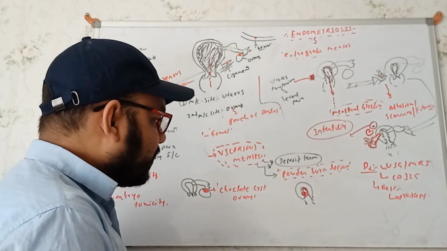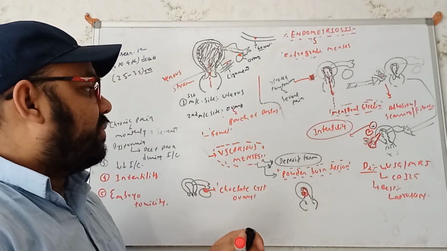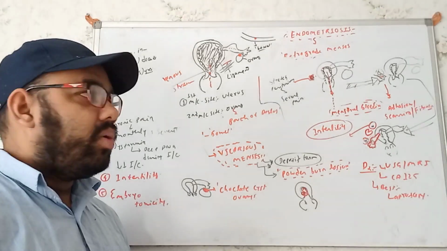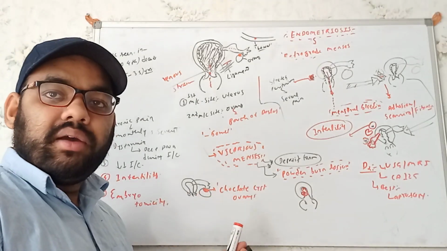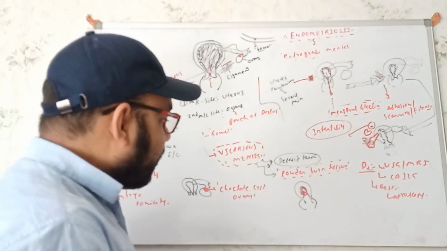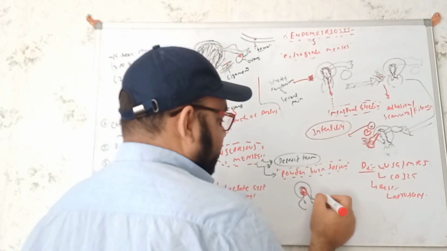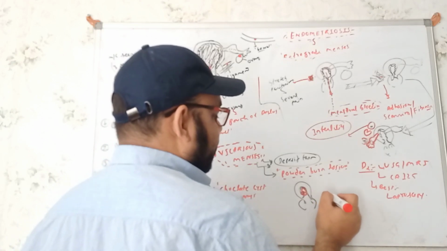But the problem is, as we discussed, in these cases there is presence of endometrial glands in places other than the uterine cavity or the endometrium of the uterus, for example in the ovary or other regions.